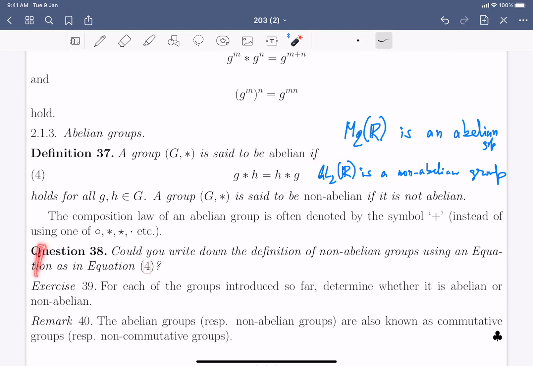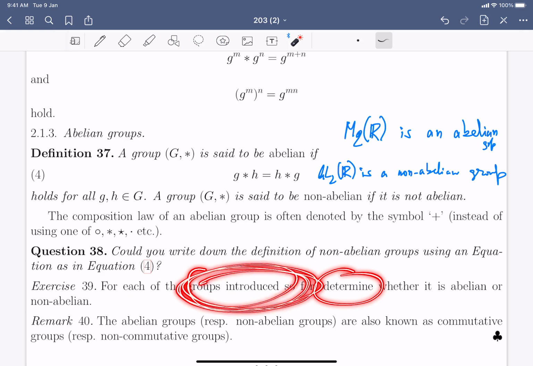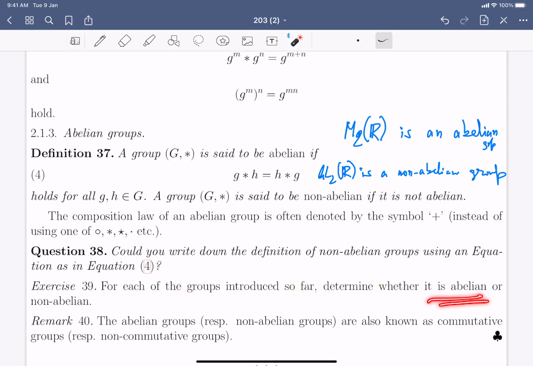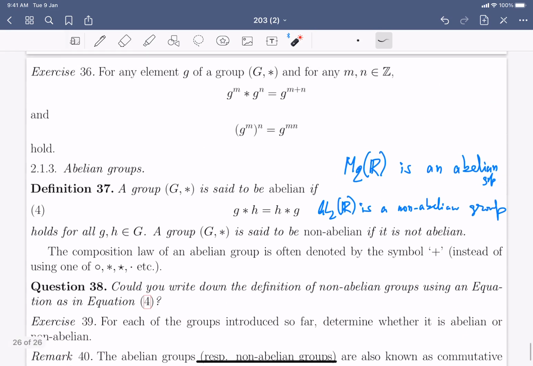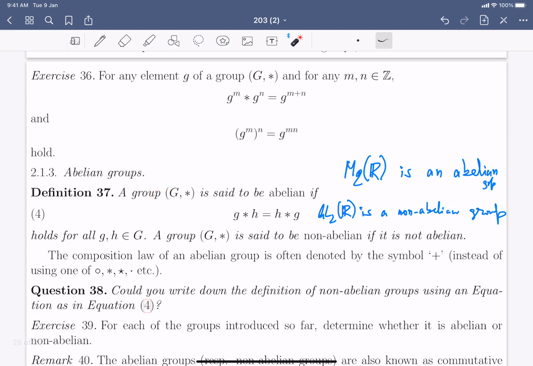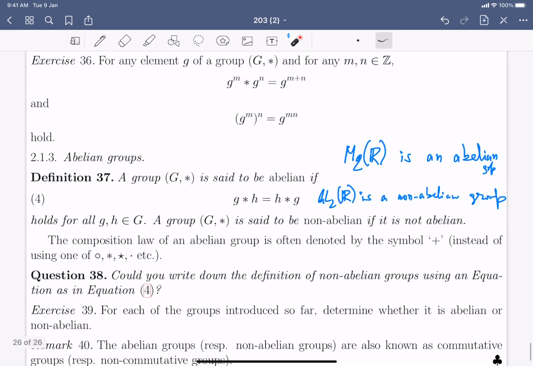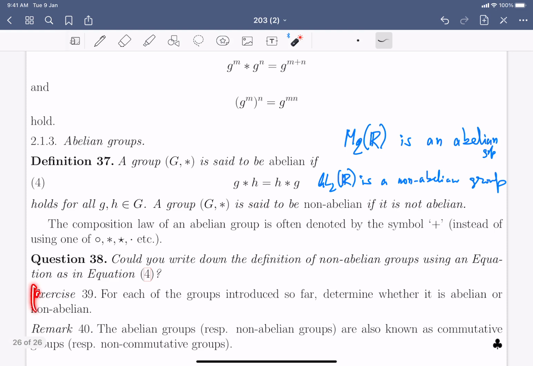Now your next task is to determine, for the groups that you have met so far, whether they are abelian or non-abelian, and how many of them are abelian or non-abelian. That will allow you to go through the definition of a group once again to review what you have already learned, and that's a good exercise to work on. This is a very small exercise, just takes a sentence, but you need some time to spend on it.